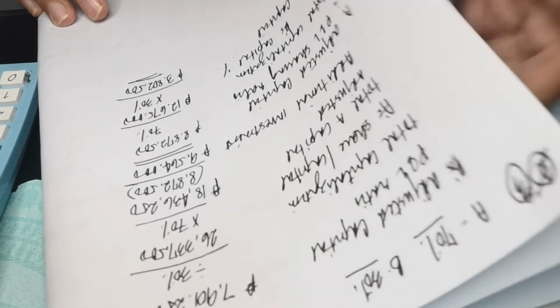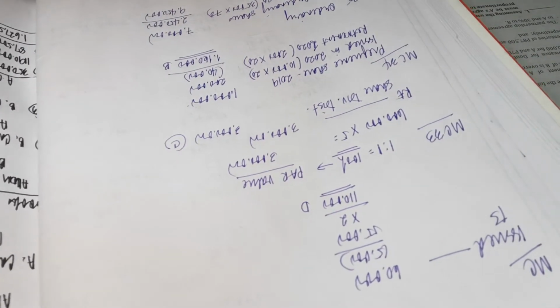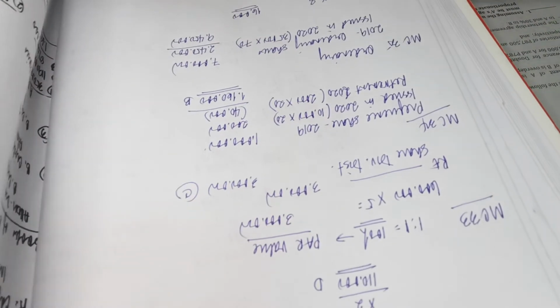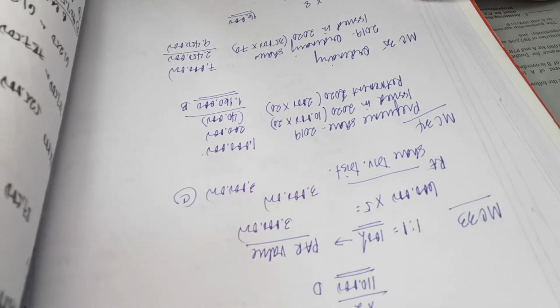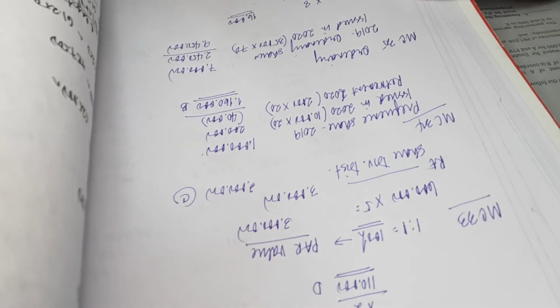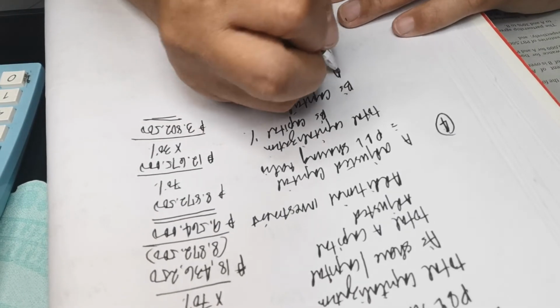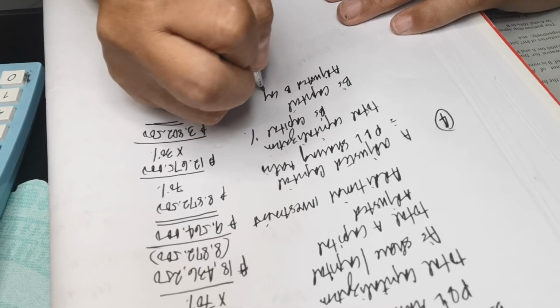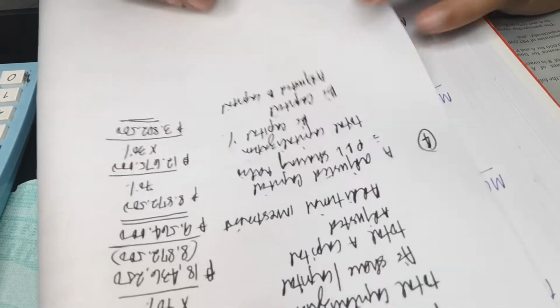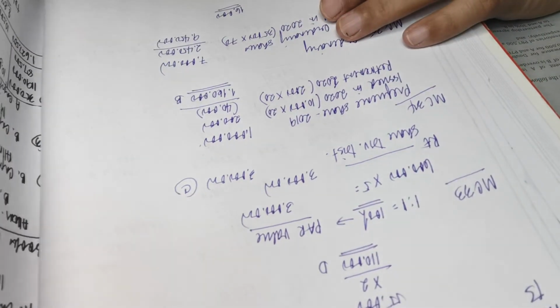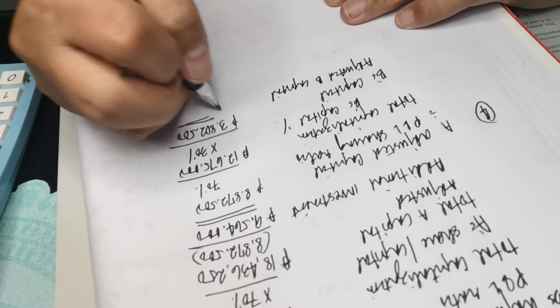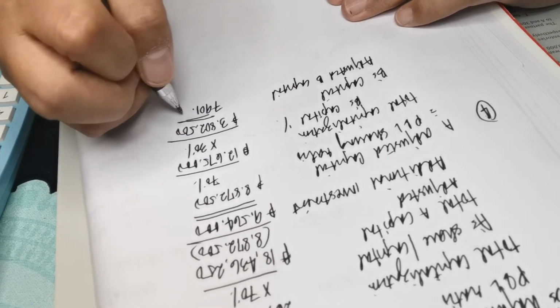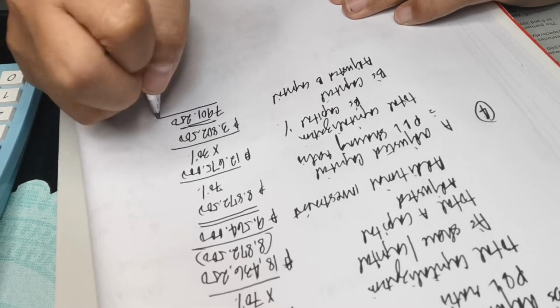Magkano ba yung capitalization ni B? Oh, 7 million, diba? 7 million yung adjusted capitalization ni B. So ano nangyayari? Wala siya actually ilalagay, kundi mag-withdraw pa siya. So adjusted B capital, kano yun? 7,901,250 at mas taas naman.